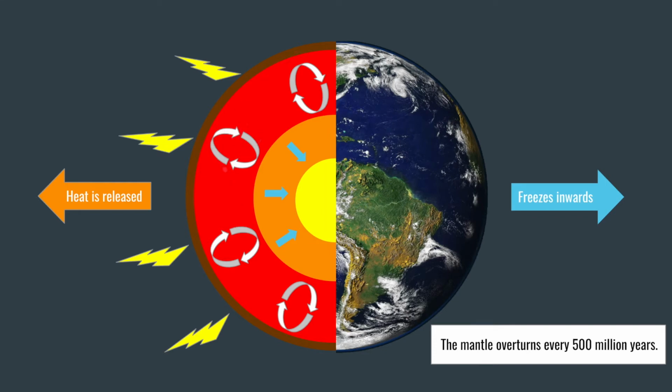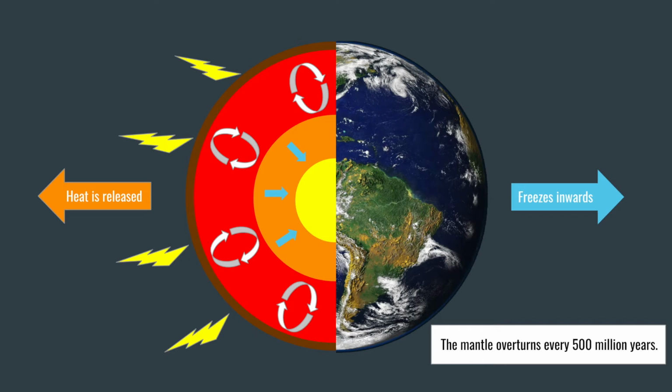It's always moving, and it overturns every 500 million years, and it's a lot of time, but because Earth is old, it is able to have enough effect. This overturning can have an effect on the Earth's state as a whole.